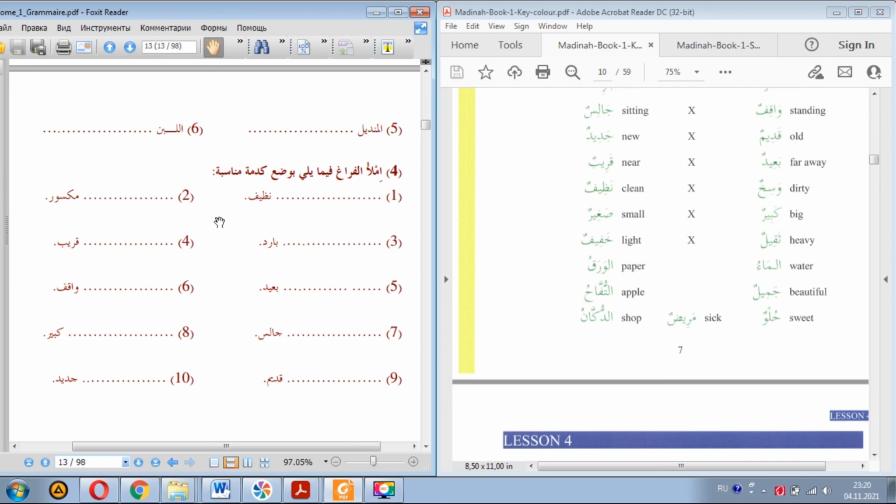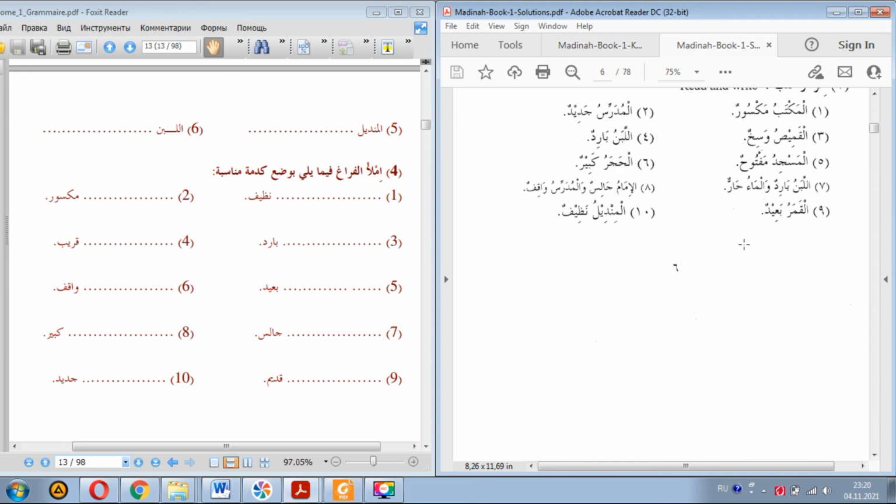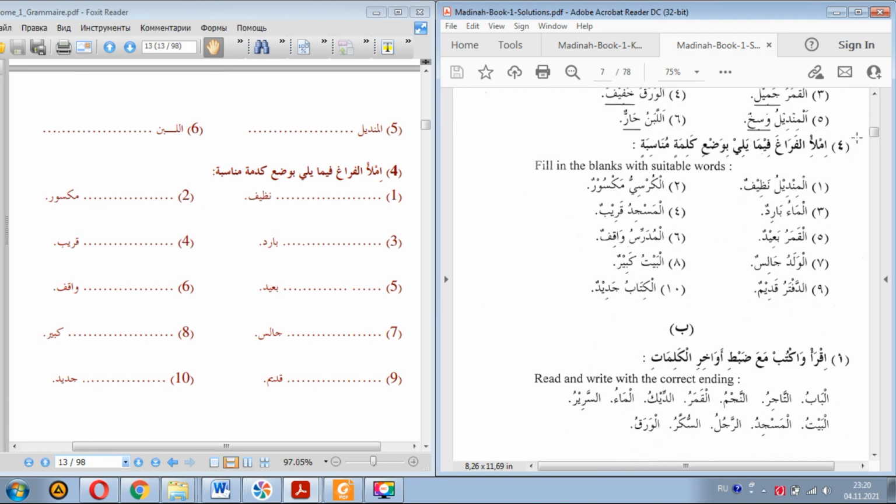So it's up to you what you want to choose. You just from your vocabulary take a word that is suitable for this place, and therefore you just put it in there. Like here, al-maktubu maksurun. I know it's third. It's the fourth exercise. Like al-minjilu nadifun. So I said al-qamisu nadifun, but they chose al-minjilu nadifun.